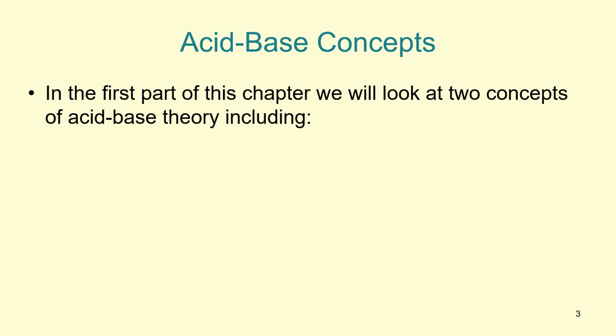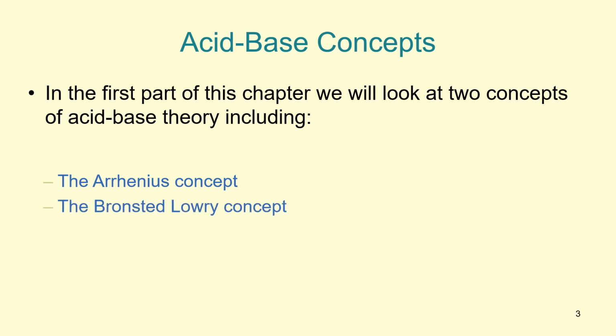Okay, so we're going to look at two definitions of acids and bases in this chapter. The first one is called the Arrhenius concept, which is the earliest one and probably the one that you think of mostly.